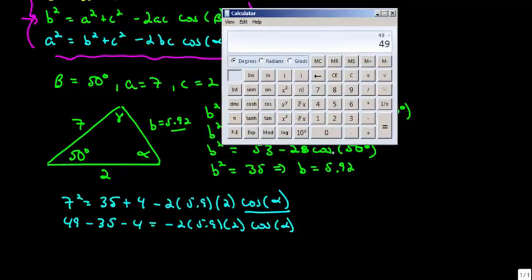So 49 minus 35 minus 4 is 10, divided by negative 2 times 5.9 times 2. So I'm getting negative 0.4, let's say 0.42.